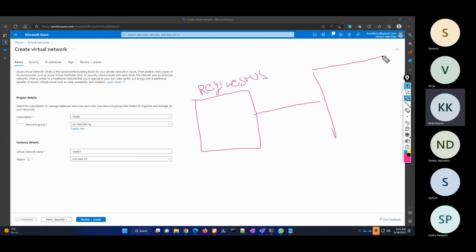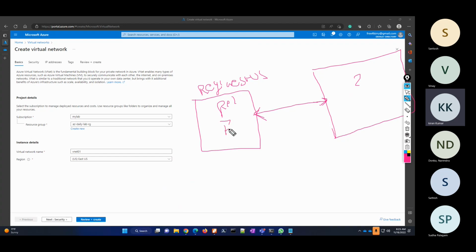By default, this region is paired with another region. Microsoft already defines this by default: region 1 is paired with region 2. It's already paired. Okay, this pairing we can't change.